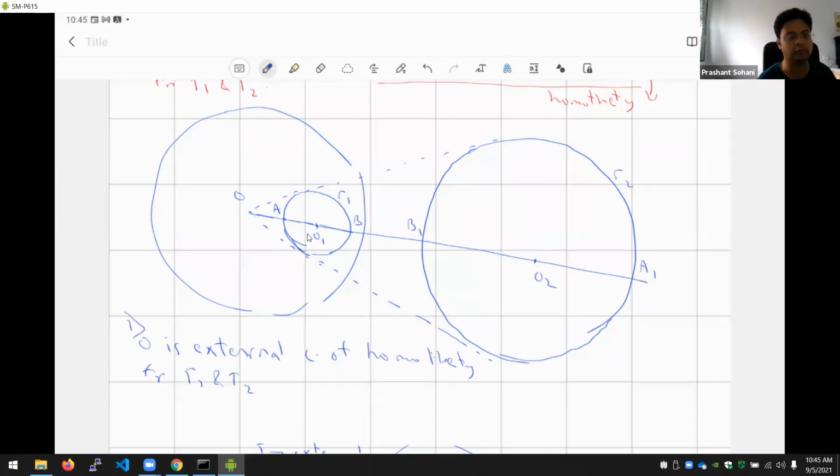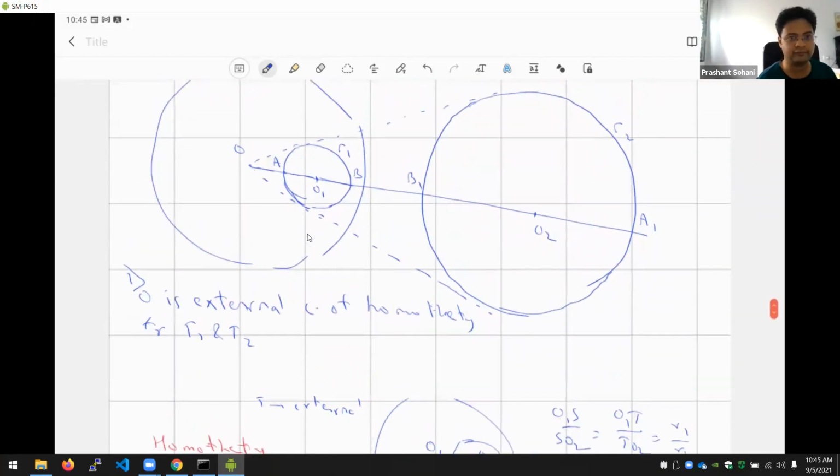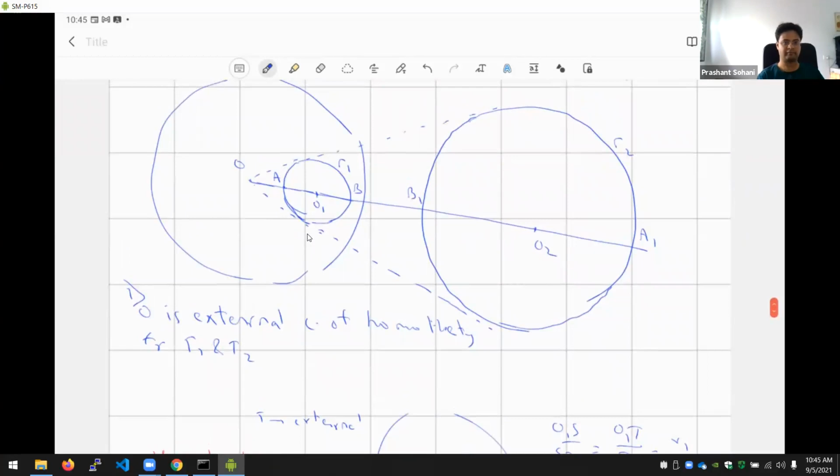So this is the first step to be proven. And what is given to us again is that A1 and B1 are inverses.